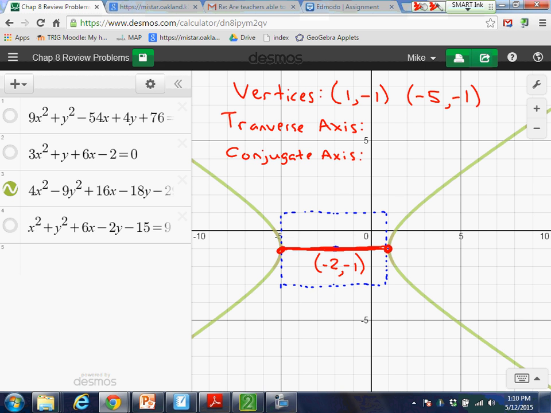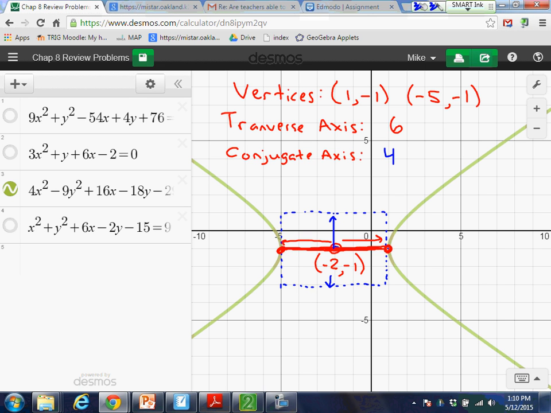We'll do that in a second. But what they're really asking here is what is the length of it? Since from the center we went 3 to the left and 3 to the right, the total length of that is 6 units. In the y direction we went up and down 2. So the conjugate, that's the other axis, was 4 units long.